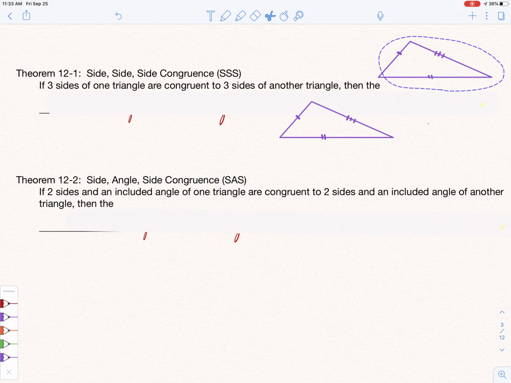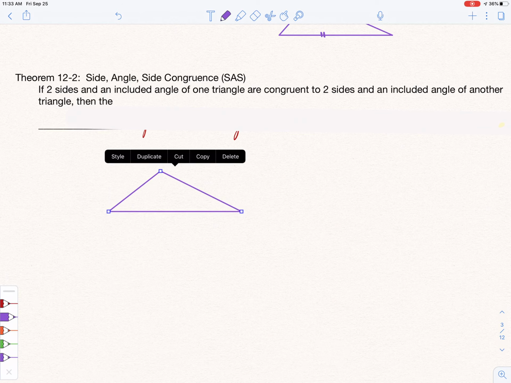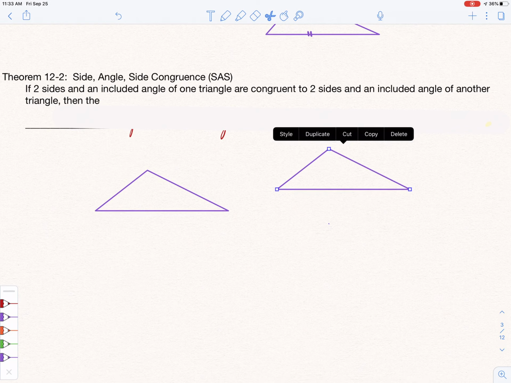The second theorem is very similar to that, but notice that I have a different set of known pieces of information. So again, let's draw another triangle, and let's see here. Let's copy. And so let's say that maybe now I'm told that, take a look, it says two sides and an included angle of one triangle.